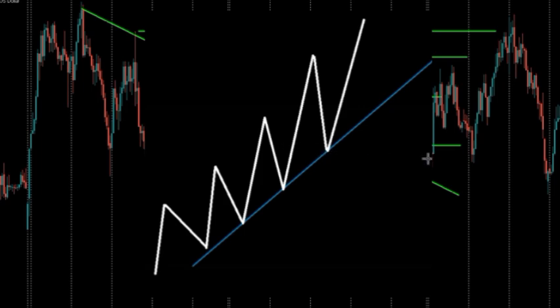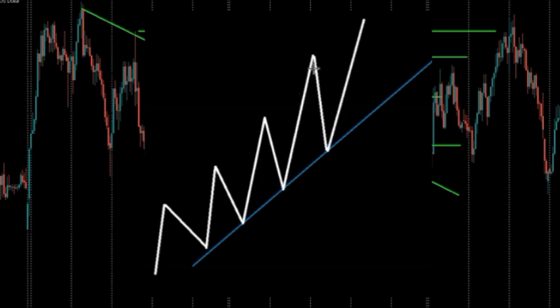After you've drawn your trend line, you watch: higher highs, higher lows, higher highs, higher lows, another higher high. At this point, you wait for price to hit the trend line before making any entry.